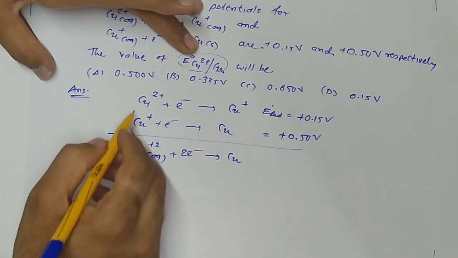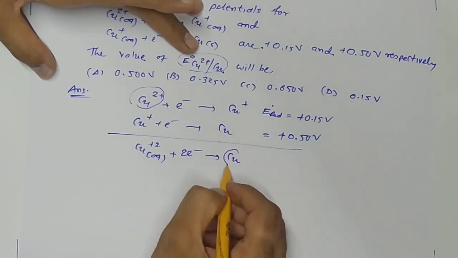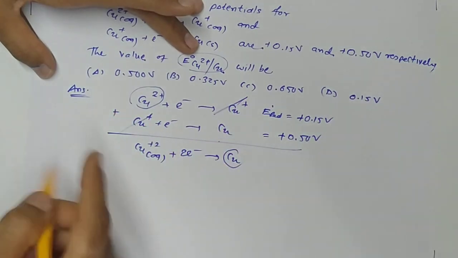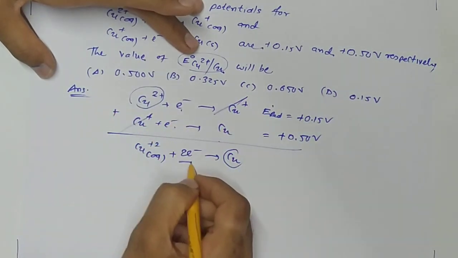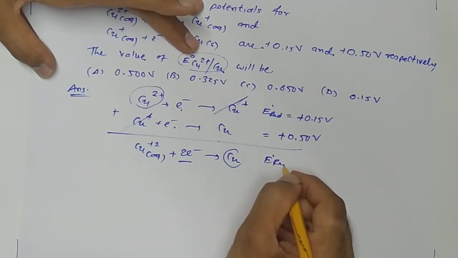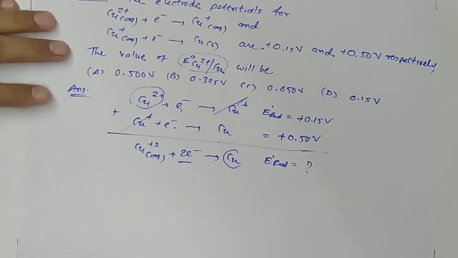So check here: Cu+2 on the right-hand side, Cu on the right-hand side, Cu+ plus 1 electron gives Cu+, Cu+2 plus 2 electrons gives Cu. So here we can't directly do the sum.